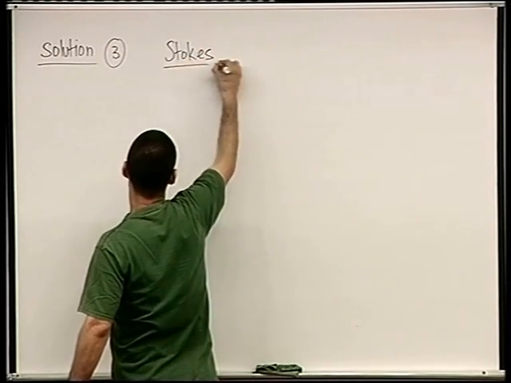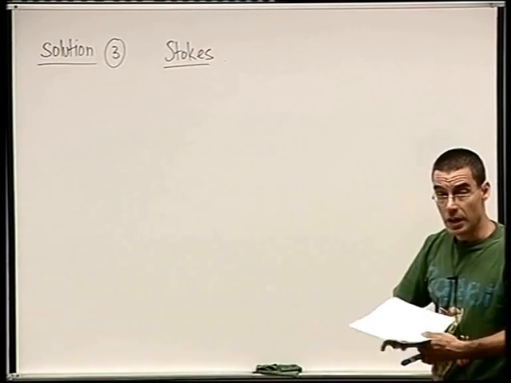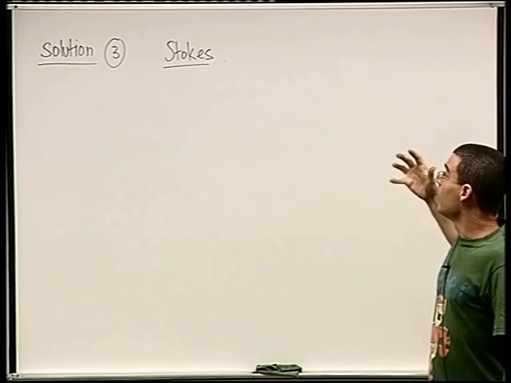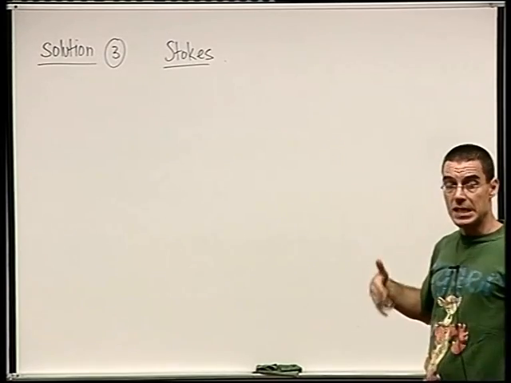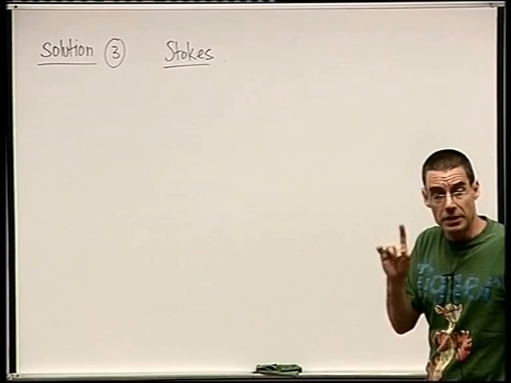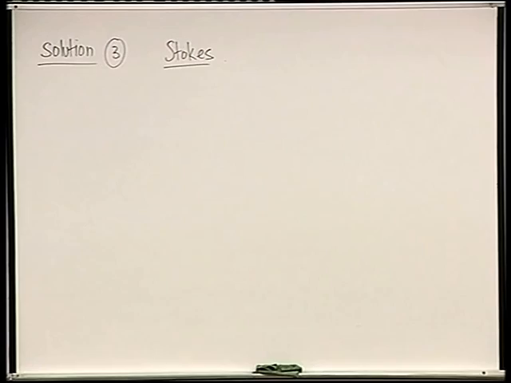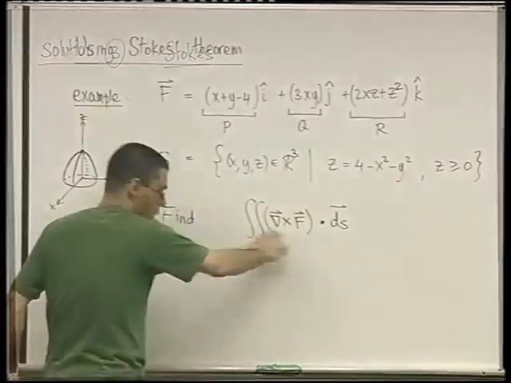The reason it makes sense to use Stokes in this case is that the field we're interested in integrating over the surface is not F itself, but the curl of F. Remember the original problem: we want to find the surface integral of the curl.